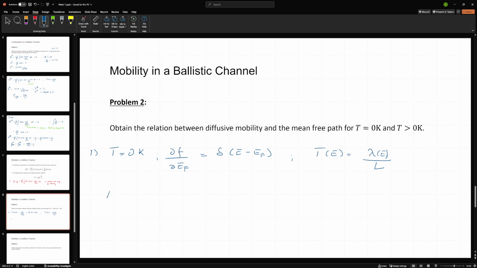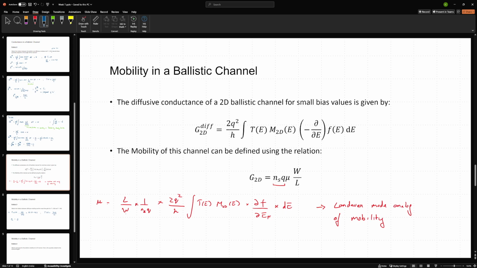We have mu 2D, the 2D carrier mobility, which will be equal to 1 upon W, and this quantity of Ns, we already know how it relates to the Fermi energy and the Fermi wave number, so let us use that.